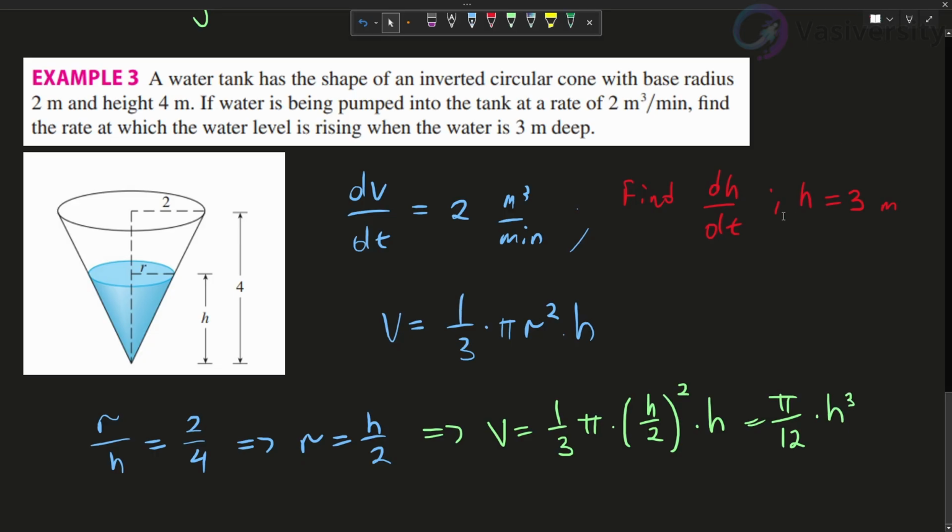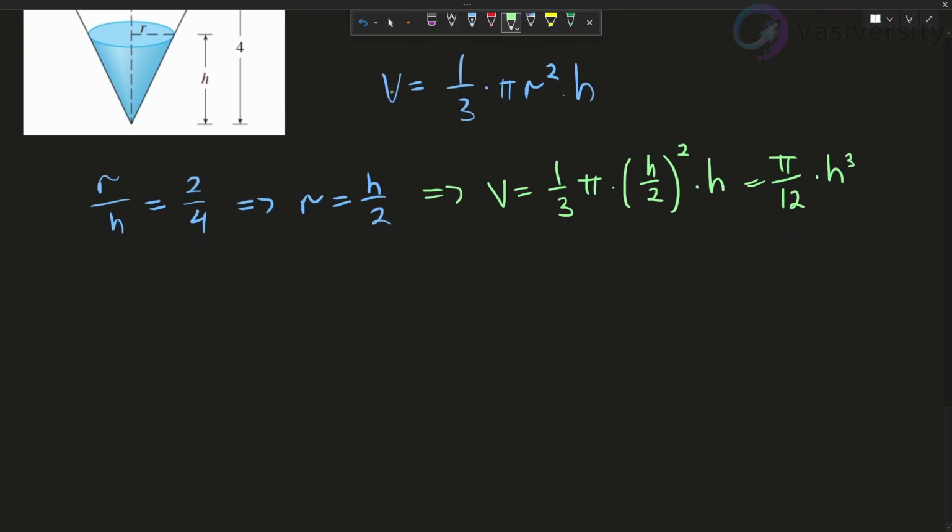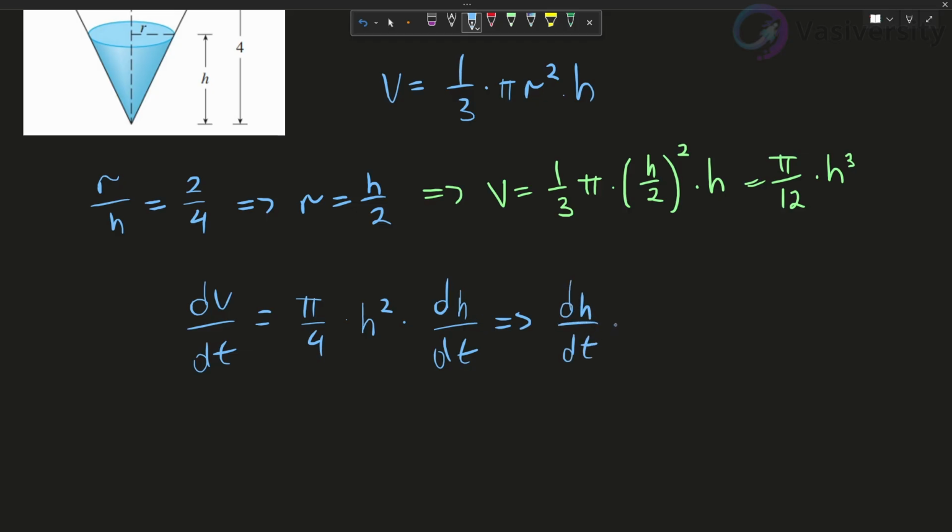Okay, now we are able to differentiate it with respect to time, because we are looking for dh/dt. So dV/dt is going to be equal to pi over 4 times h squared times dh over dt. So solving for dh over dt, we will have 4 over (pi h squared) times dV over dt.